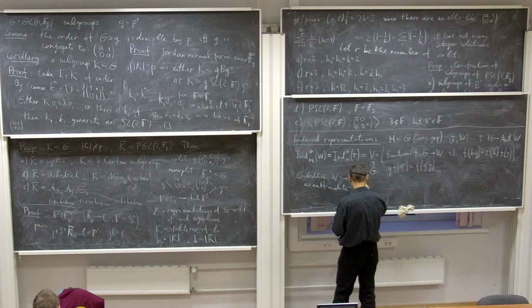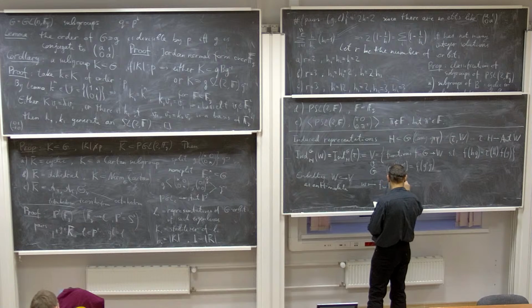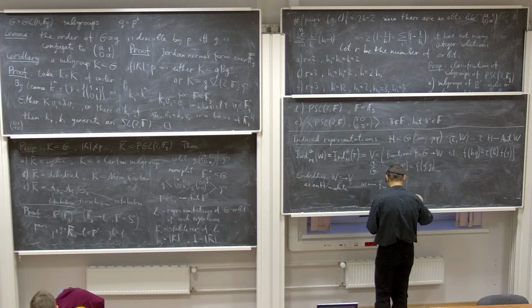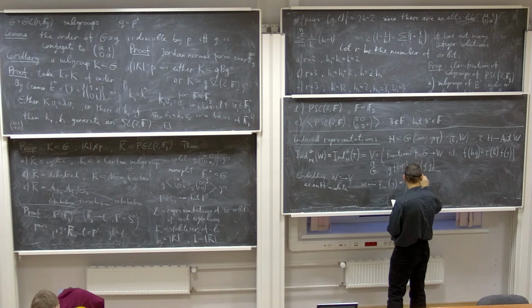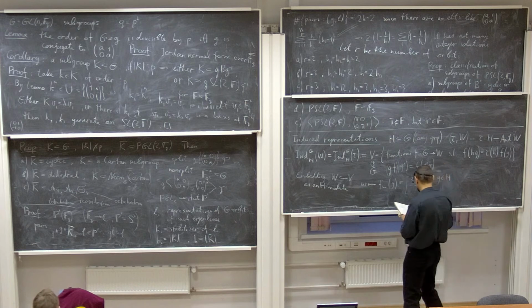Namely, w goes to the corresponding function f_w. So this f_w of g is either tau of g w if g lies in H, or 0 otherwise.